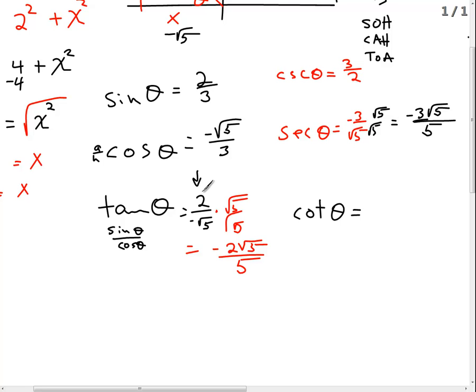Since tangent originally started off as 2 over negative square root 5, it's easier if you just apply the reciprocal to this value here. So what would be the reciprocal of that? Negative square root 5 over 2.